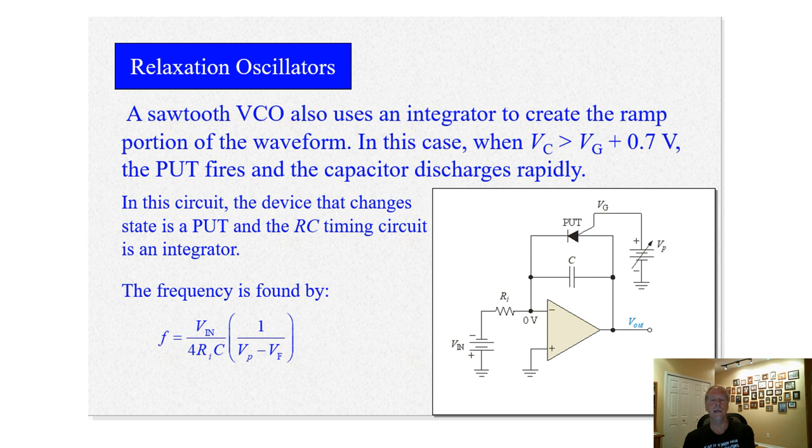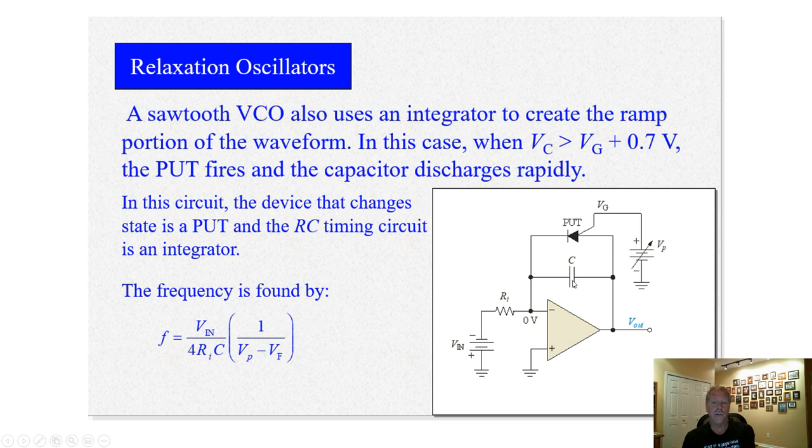So you set, let's say, for example, a gate voltage of 1 volt. Well, that might cause the programmable unijunction transistor to conduct whenever the voltage across it approaches a half a volt. If you want that to increase, then you increase your gate voltage, your VG, and it will change the point at which this PUT conducts.